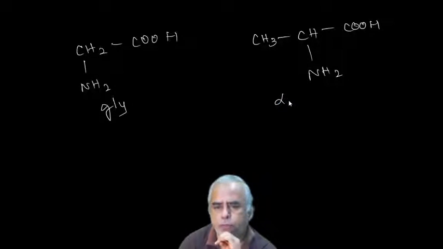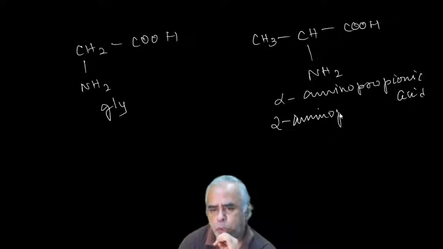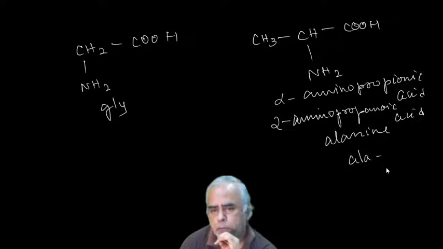So alpha amino propionic acid is a common name. IUPAC is 2 amino propionic acid, right? And this can also be called alanine, and its pet name can be ALA.